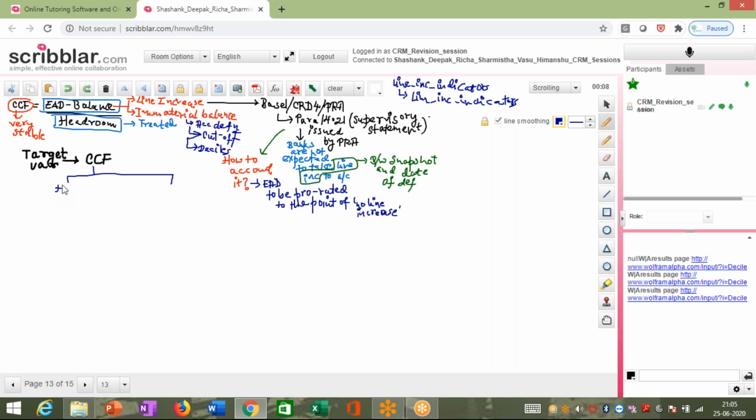So the first question is in terms of headroom. When I say high headroom, it means that the balance is not very close to the limit.